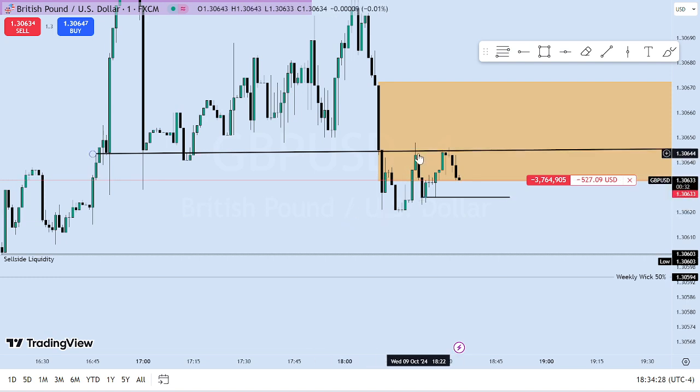When we have high, we have low, higher high. This high is higher than this. We have a little fair value gap here.